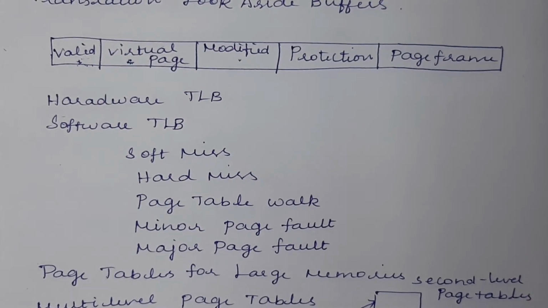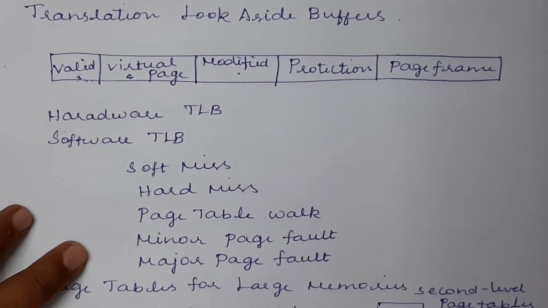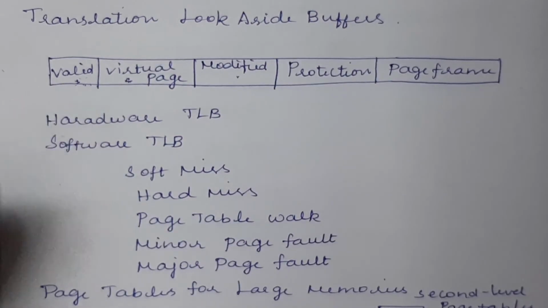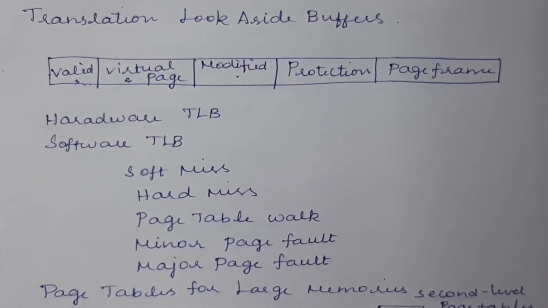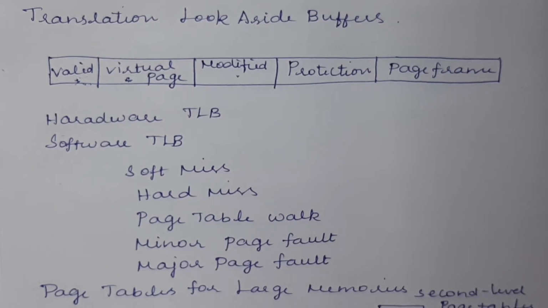We call it a hardware TLB because it is embedded with the memory management unit, and since it is a hardware TLB, we do not provide any of these issues to the operating system. The memory management unit itself takes care of the hardware TLB. If the page we are referring to is not available in the TLB, then the memory management unit itself transfers that page from main memory to the TLB for execution purposes.